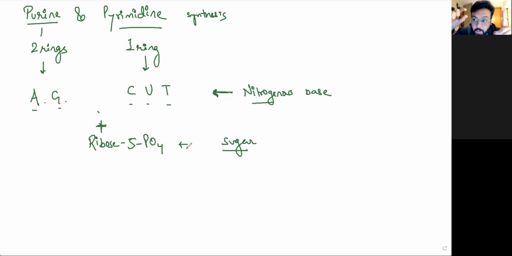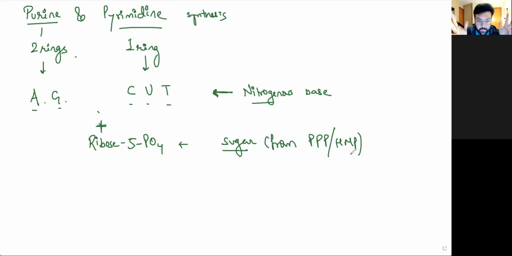The pentose phosphate pathway, which is also called the HMP shunt. Wonderful. So now you know how we can form our sugar: from the pentose phosphate pathway or HMP shunt. Keep writing this. Remember, you need pen and paper to engrave all these things in your mind.